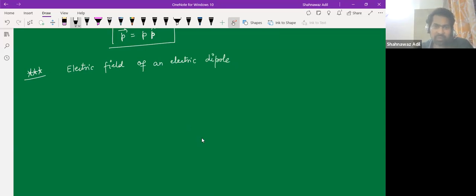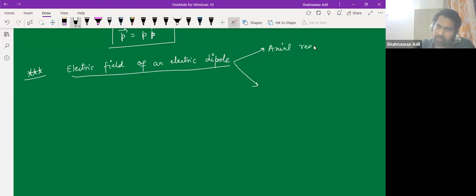For our purposes, we will calculate the electric field at two regions. One is the axial region, and the other one is the equatorial region. So at these two points, we will calculate the electric field.